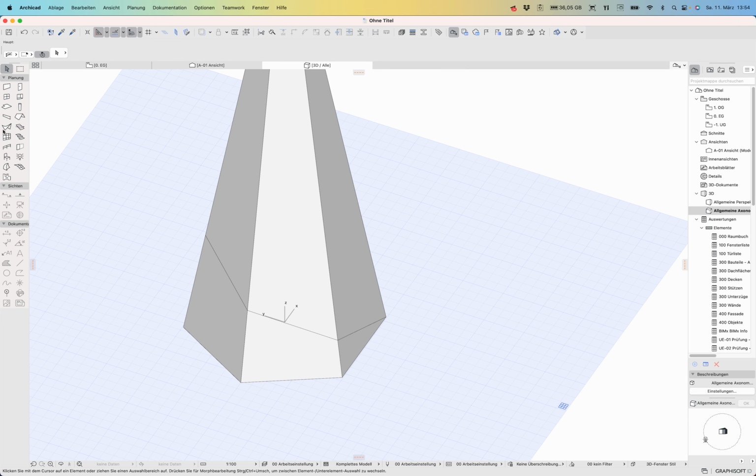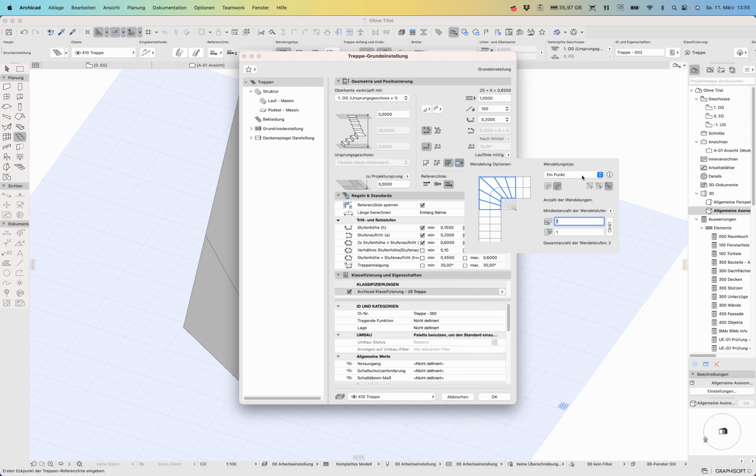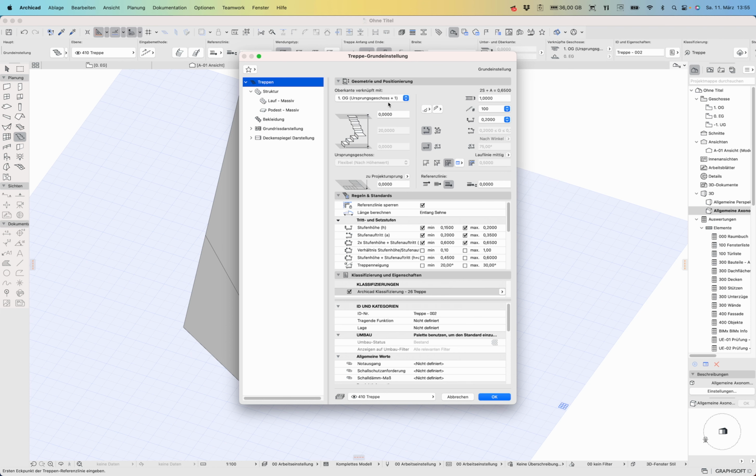So which stair? I take one. I tell the stair that I want turned steps. Which way? There are many possible constructions. I also always want 2 steps to turn. Then I don't connect it to the next level.